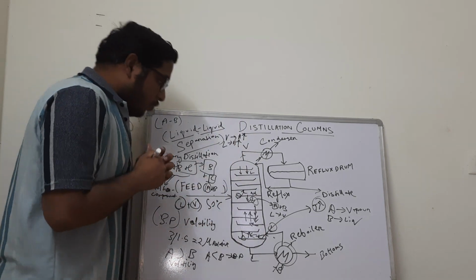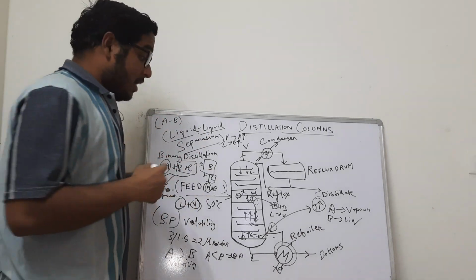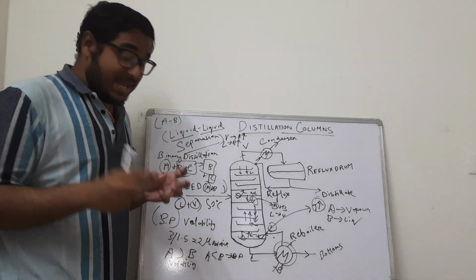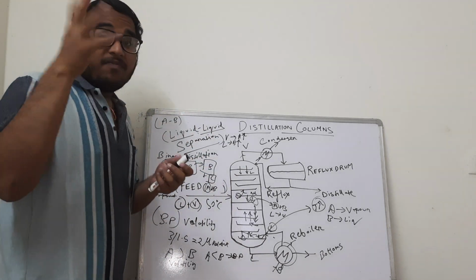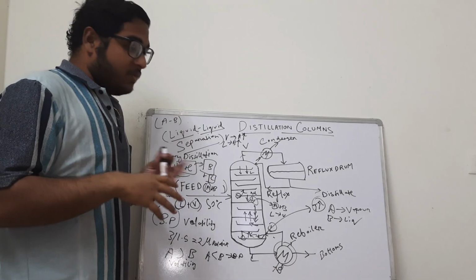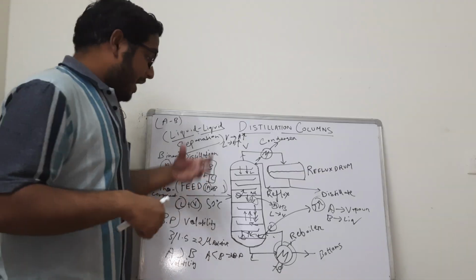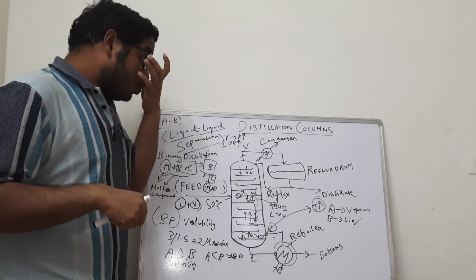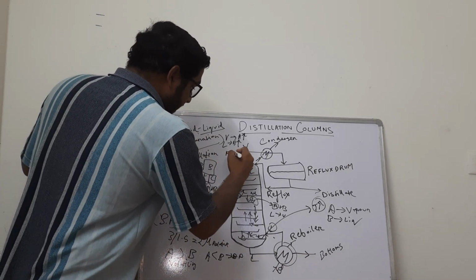As the vapor moves up, it entrains more and more A, because the liquid with a high amount of A is in contact with the vapor, and A primarily has a tendency to form vapors at high temperature.